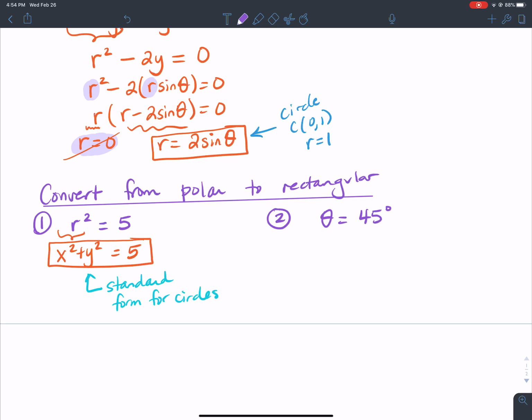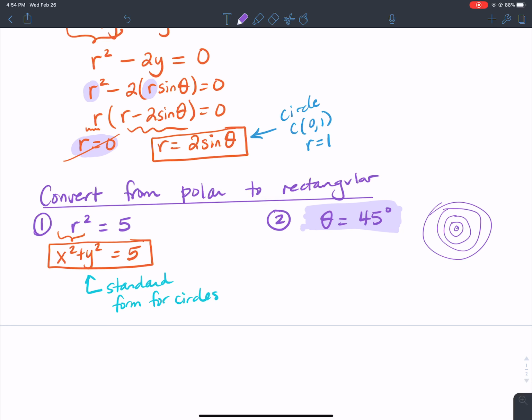Even though I haven't really talked to you about graphing that yet, this is literally saying on this circle piece of graph paper, we want all the thetas that equal 45. Well, what's that going to look like on this piece of paper?